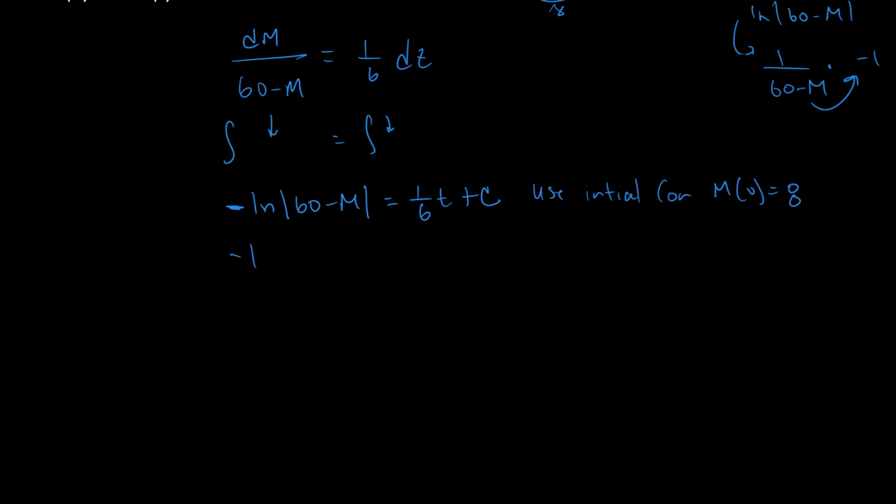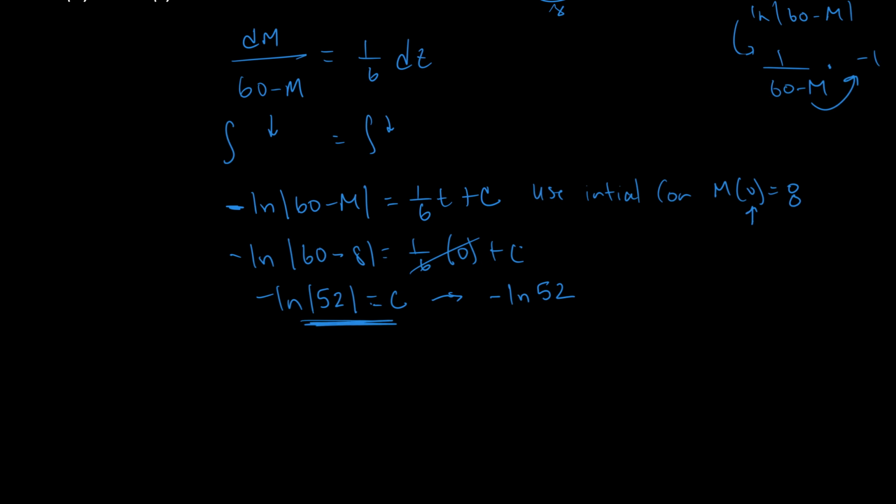We end up with negative ln of the absolute value of 60 minus 8 equals 1/6 times 0 for t, plus c, so that will go away. And this ends up being negative ln of the absolute value of 52 is my c. You can get rid of the absolute values at this point, and you could just say that this is negative ln of 52.